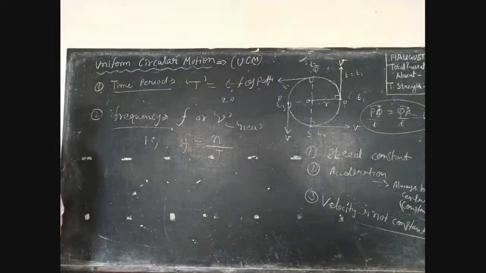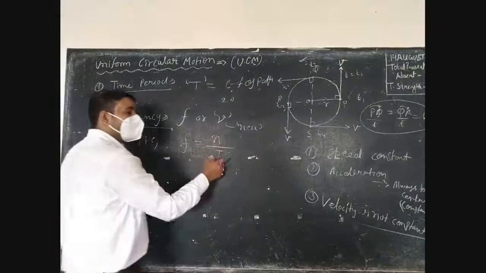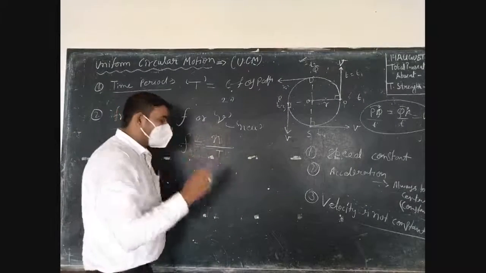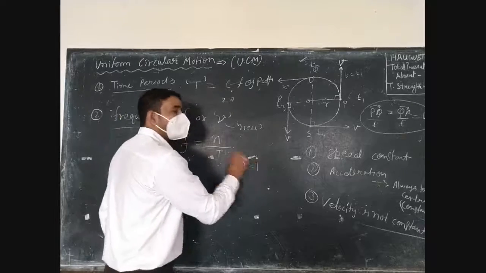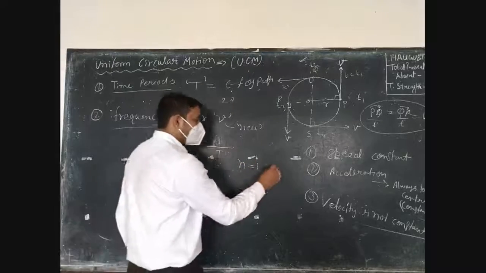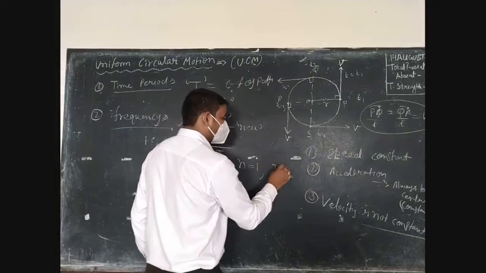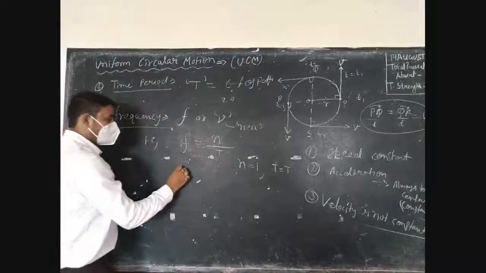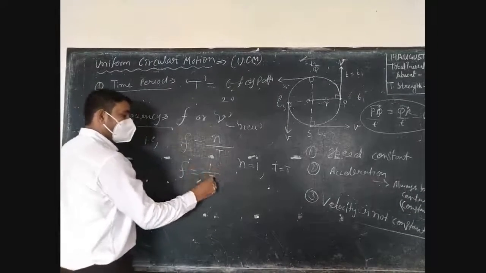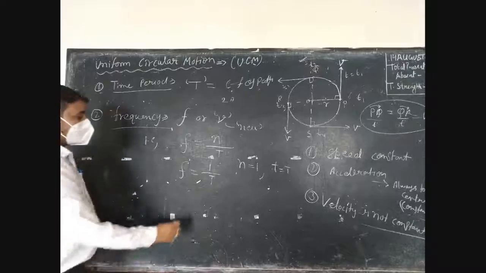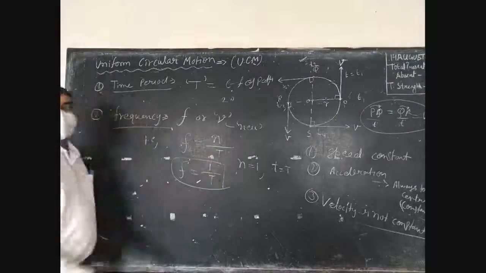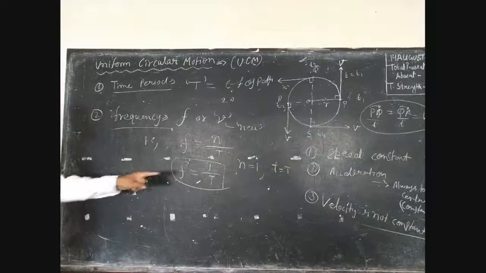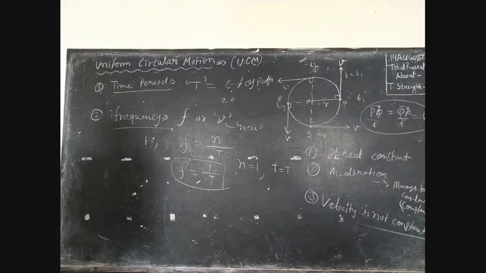Now if the particle completes only one revolution in T seconds, then the frequency is equal to 1 upon T. So frequency is defined as the reciprocal of time period.